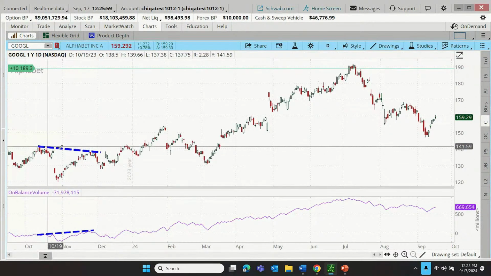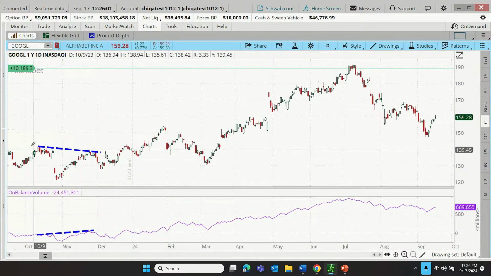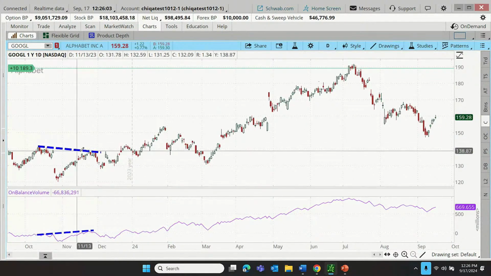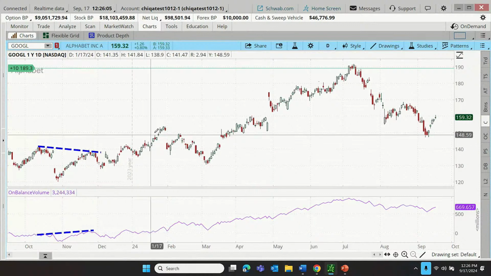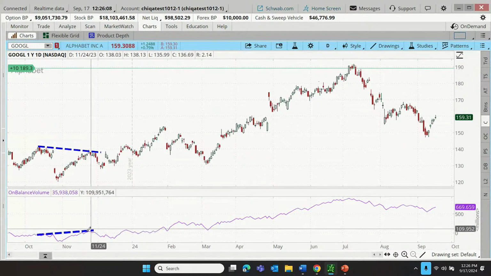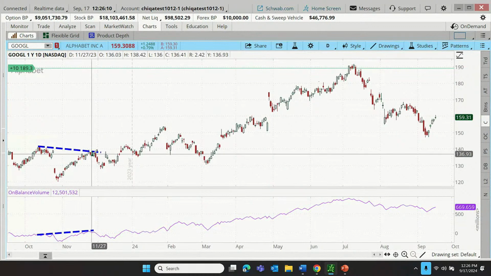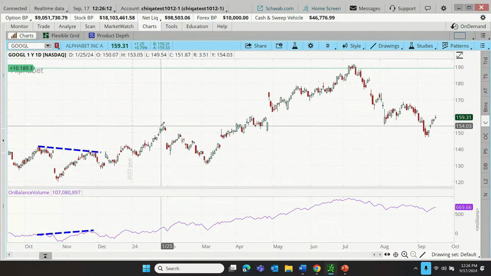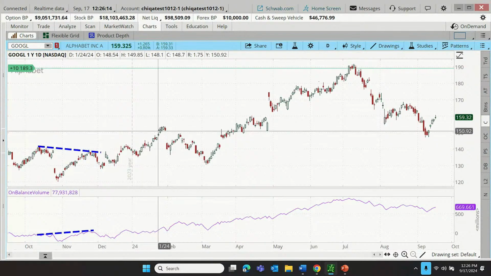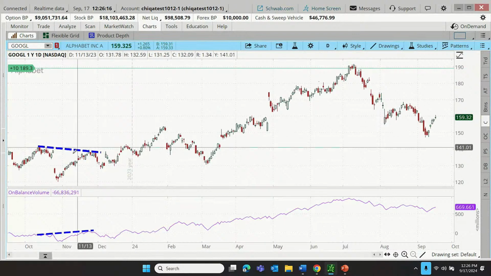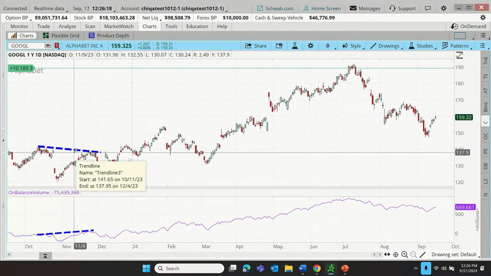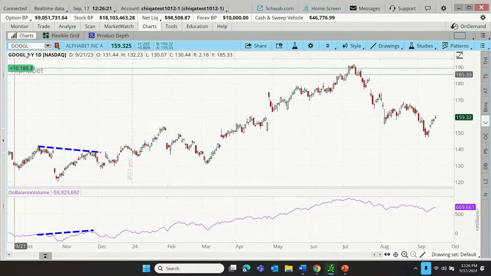So this is known as a divergence, and it may be a signal that a price trend is about to reverse. And do you see that right here? On-balance volume already going up, and in this case, price decided to go with it. It's not always going to work out exactly that way. So that's an example of a bullish, what we call divergence.